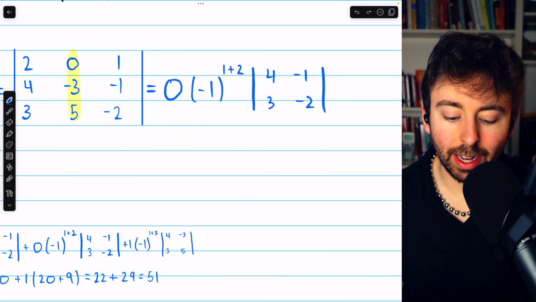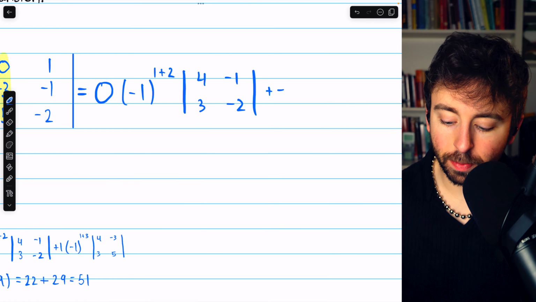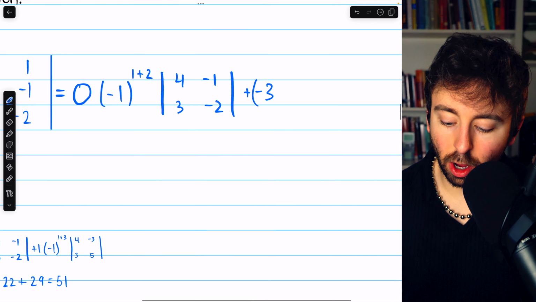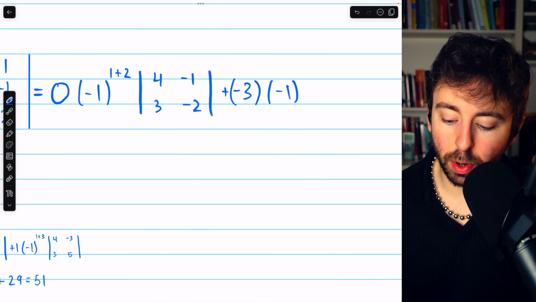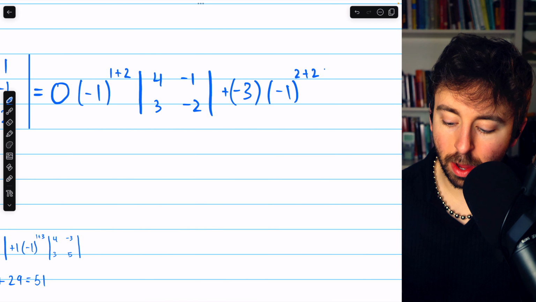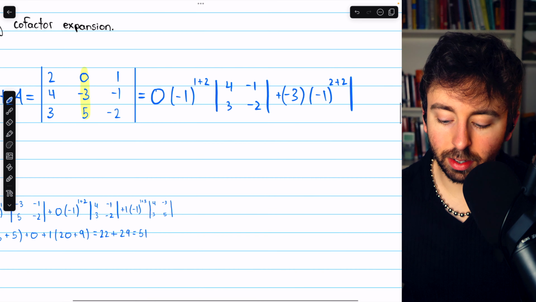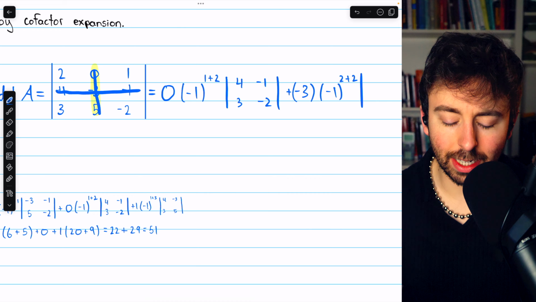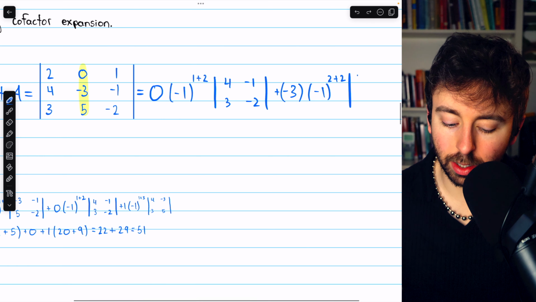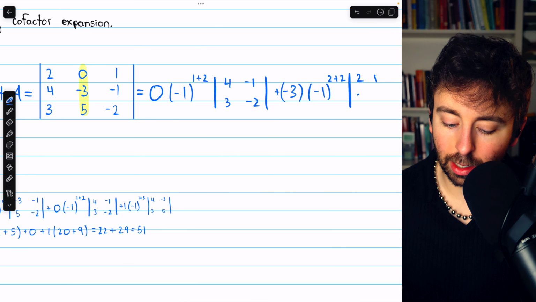Next, we have the second entry in the column, so negative 3, multiplied by its cofactor, which begins with negative 1 to the power of the row number plus the column number, multiplied by the determinant of the submatrix that remains when negative 3's row and column are deleted. So that's going to be the determinant of 2, 1, 3, negative 2.